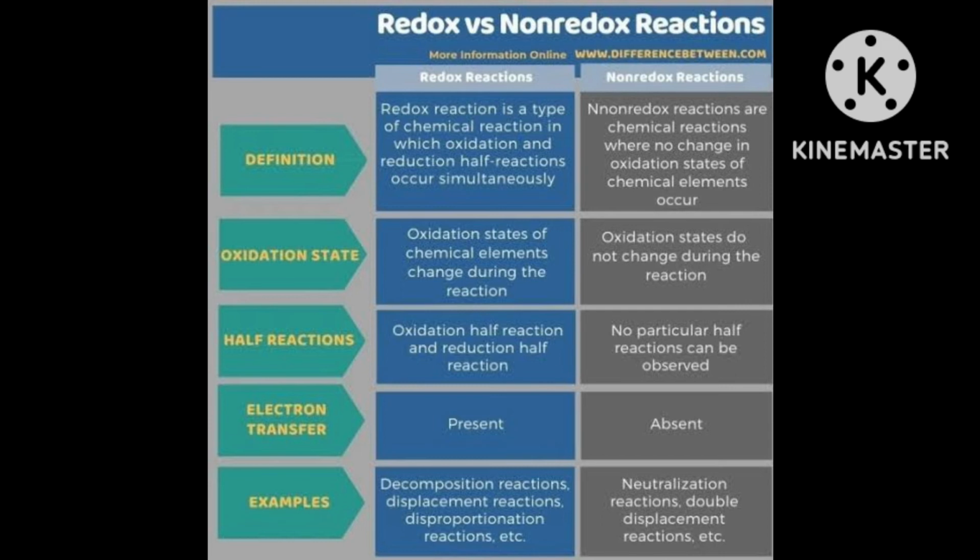In the place of Y, X has come, and Y has gone to the position of X. Now you get a new compound, XZ. Correct? And Y went to the place of X. This is called a displacement reaction.